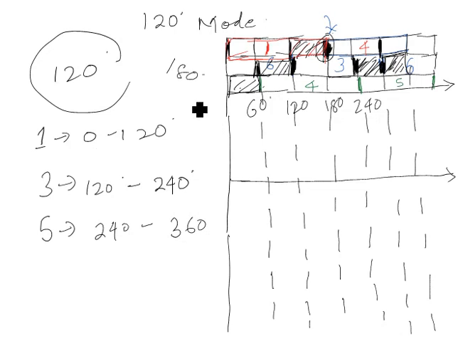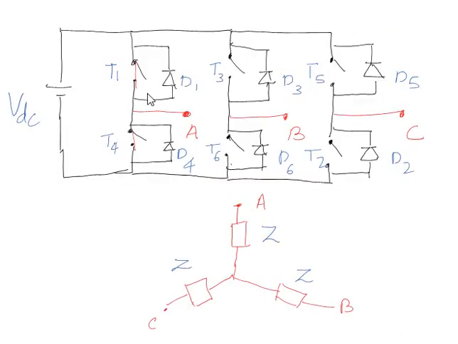So what happens is that at 120 degrees you can expect SCR 1 turning off, and switch 4 turning on.